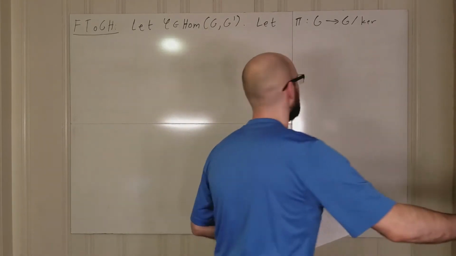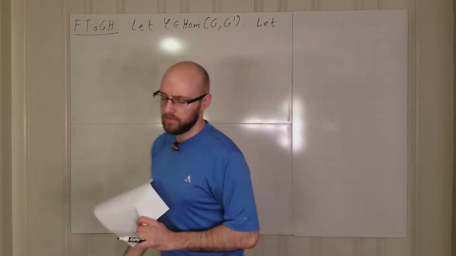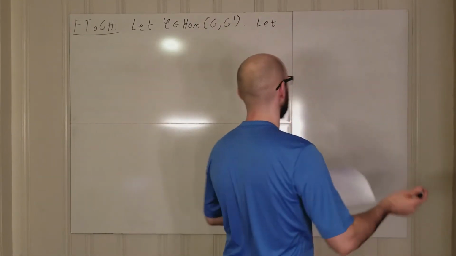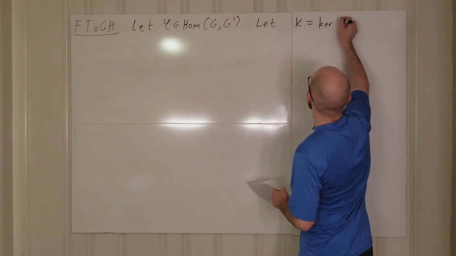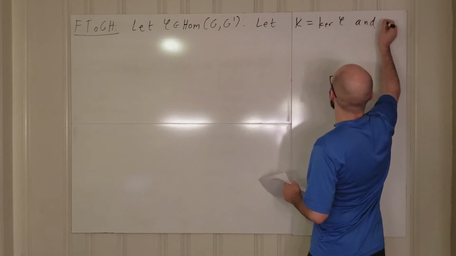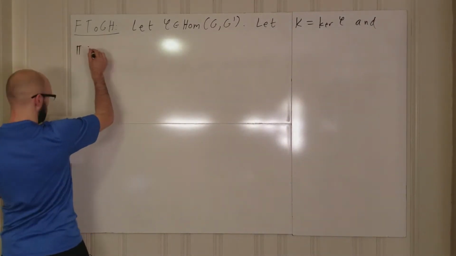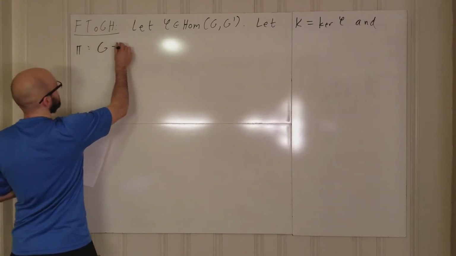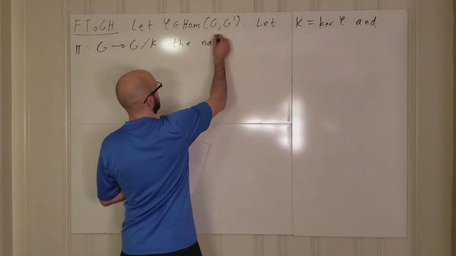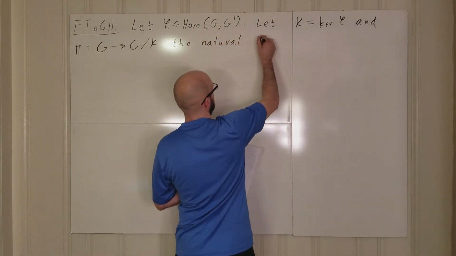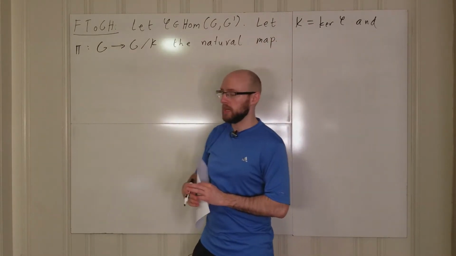Actually, no. Before we do this, to make our notation a little nicer, let K be the kernel of phi, and pi from G to G mod K the natural map, i.e. the projection map, i.e. you send an element of G to the coset GK.